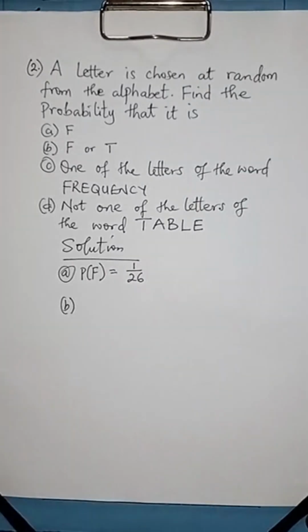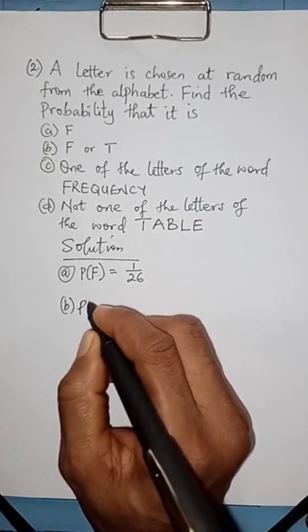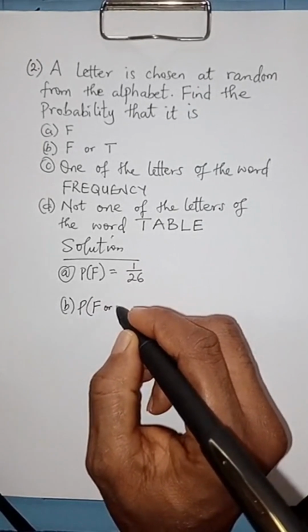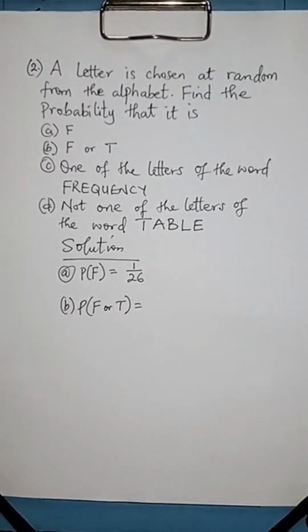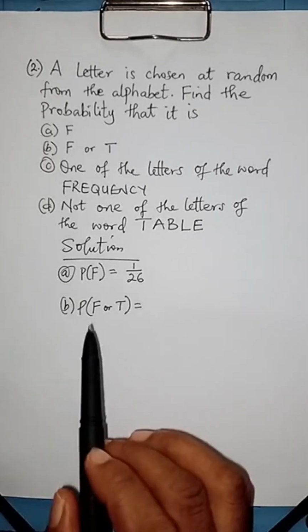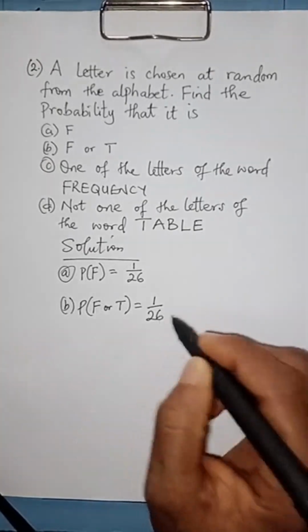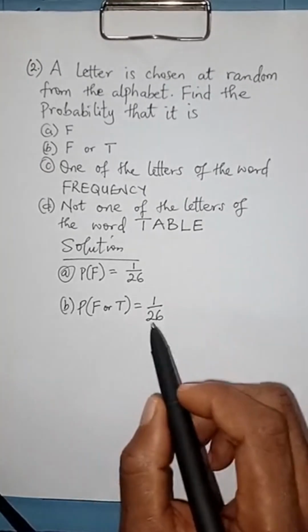Let's move to B. Now, what's the probability it is F or T? Remember, we've gotten the probability that it is F. And I did mention that anytime you see the word "or" in probability, it means the addition sign, or the addition law of probability. Like I said, in the next video, I will talk more on the addition law of probability. So the probability of selecting F is going to be 1 over 26, because there's just one F in the letters of the English alphabet and there are 26 letters.